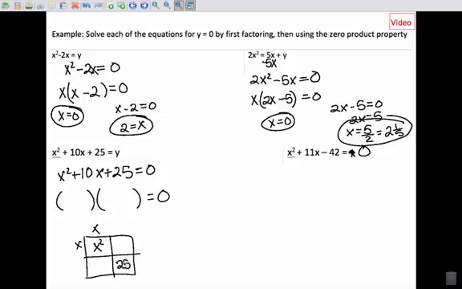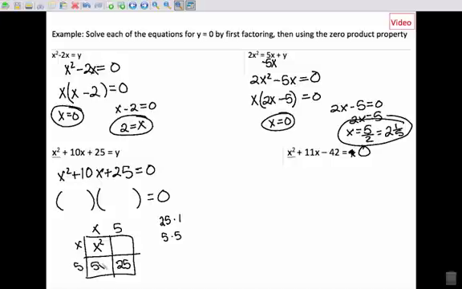Okay, and so I need something where my product is 25. So factors of 25 are 25 and 1, and 5 and 5. Okay, and so obviously 25 and 1, if we foiled, wouldn't give us 10x. What is going to give us 10x is if we put 5 and 5 here.